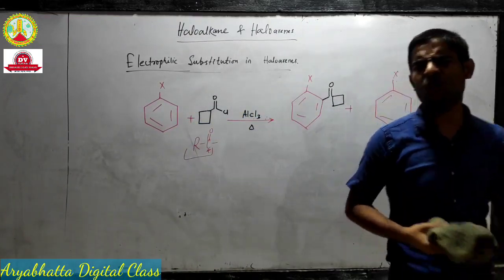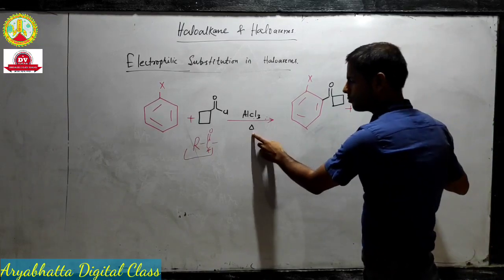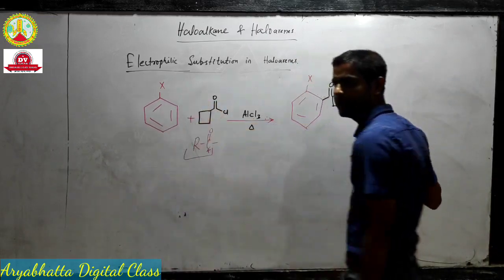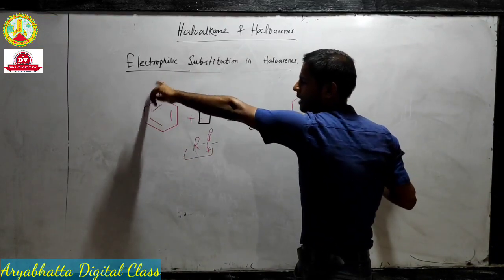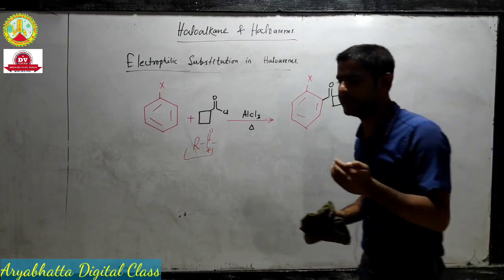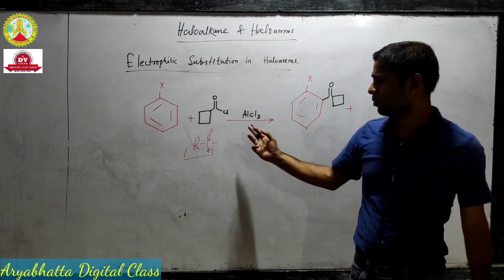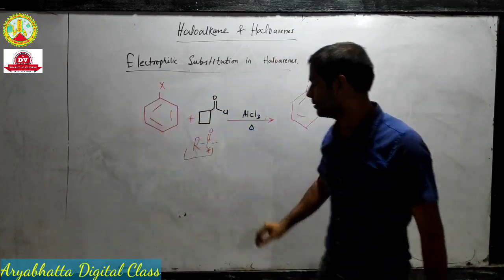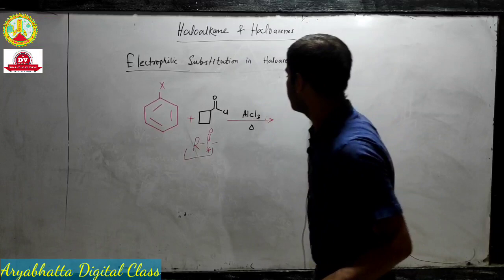And in this chapter, you already know that halogen is ortho-para directive. In the next chapter for phenols, when I use hydroxyl here, I will not apply heat, because hydroxyl is an activating group. It activates the ring towards electrophilic substitution, so it is easier to perform electrophilic substitution there. Since halogen is deactivating, I require some heat in order to get the product.